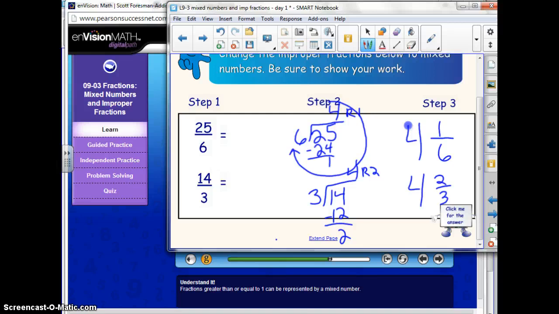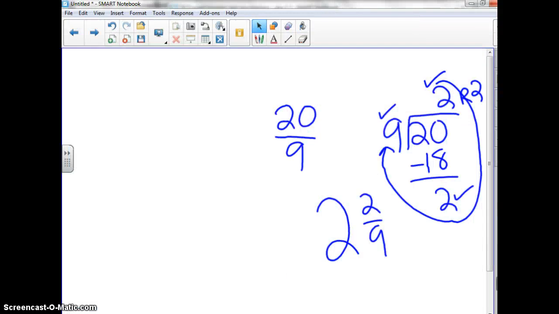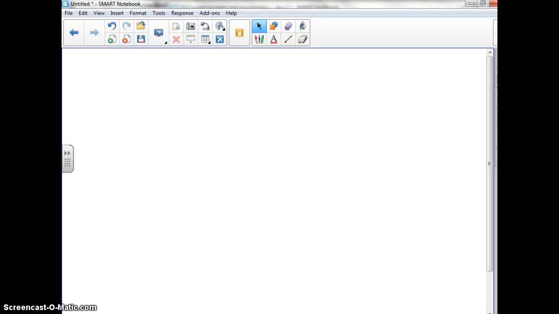Are you guys ready to try these? Yes. Okay. I would like you to open up your iPad, go to Kid Doodle or something like that. All right. Everybody writes down the initial improper fraction.